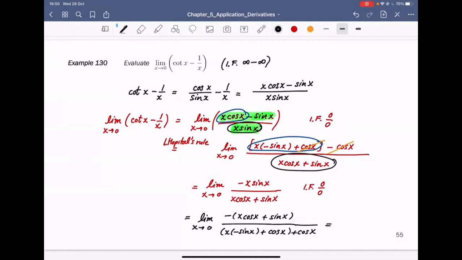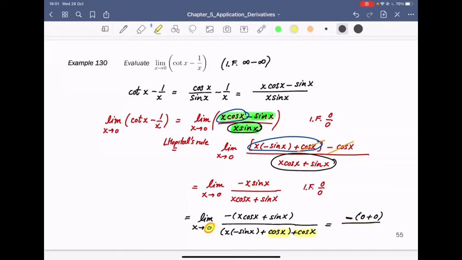So you can see that on the top, if I plug in x equal to 0 here, you plug in that, you get 0 plus 0. So on the top, you still get 0. But on the bottom, this is something better, because you have cosine here and cosine here.